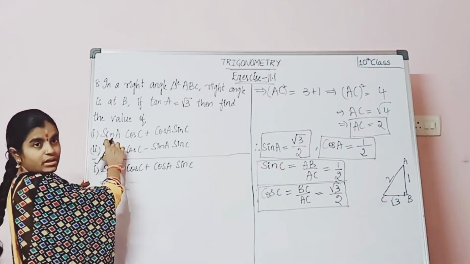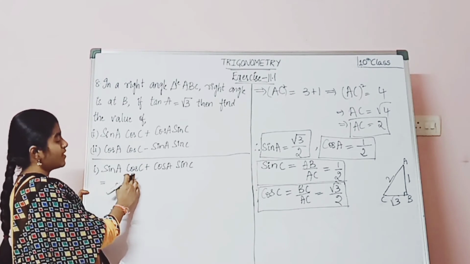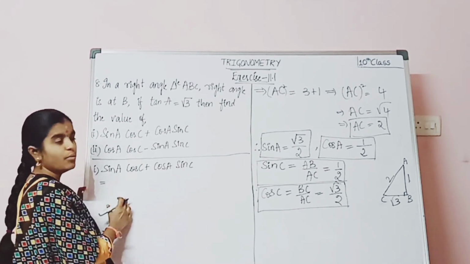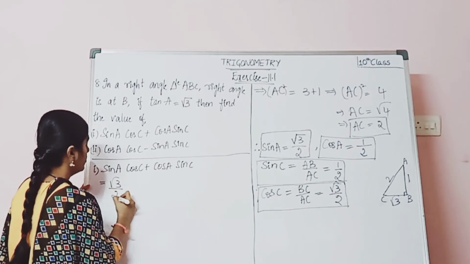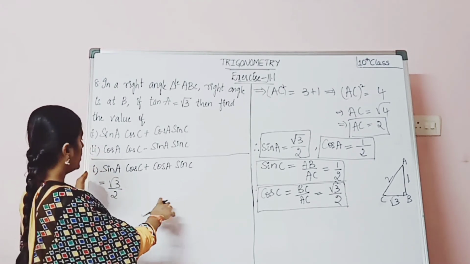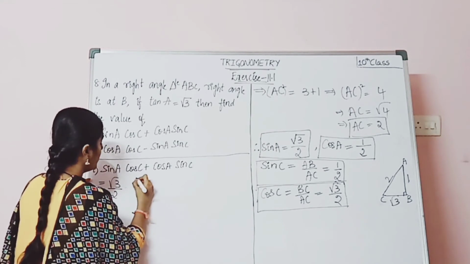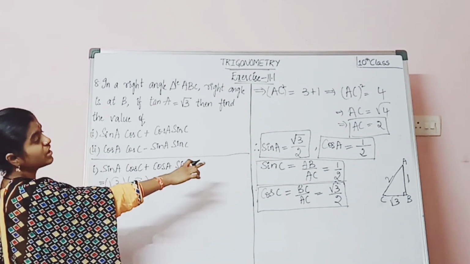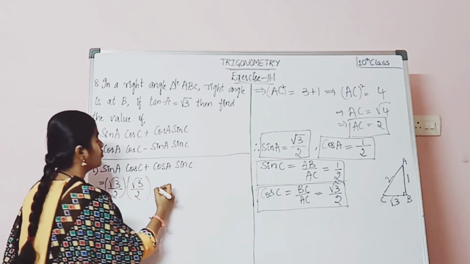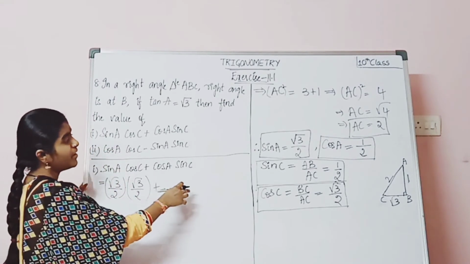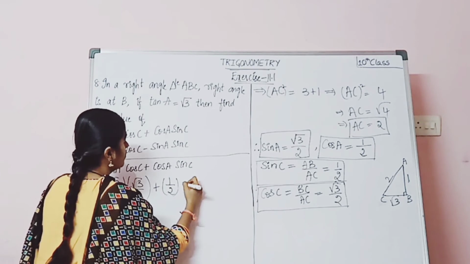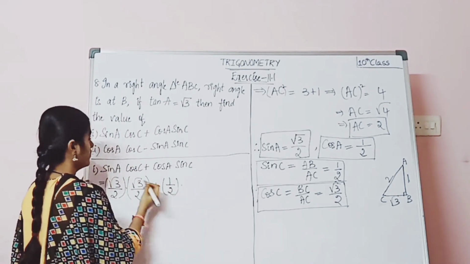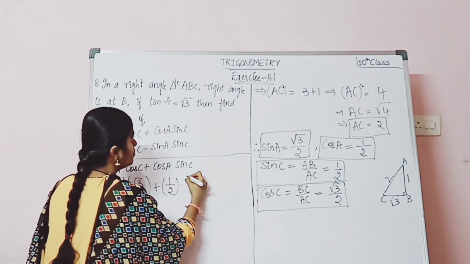This is the first bit given here. Sin A into cos C plus cos A into sin C. What is sin A here? Root 3 by 2 into, what is cos C? Root 3 by 2. Sin A equals root 3 by 2, cos C equals root 3 by 2. Plus, what is cos A? 1 by 2, into, what is sin C? 1 by 2.